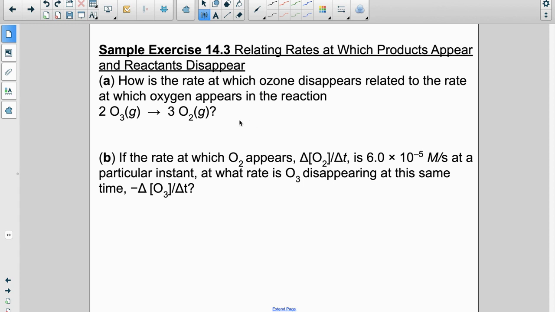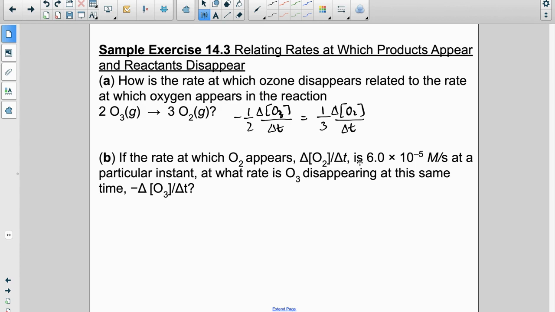We can put minus 1 over 2 of delta O3 over delta T. That's our rate of disappearance of ozone times a half from the coefficient. That's going to be equal to 1/3 of delta O2 over delta T. So we're just using the coefficients to relate these rates to each other.